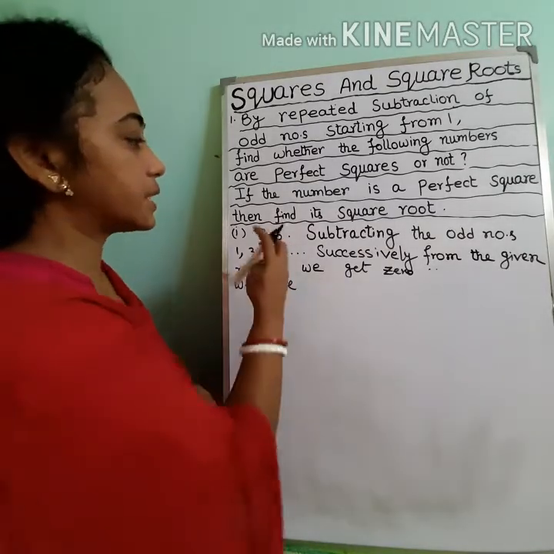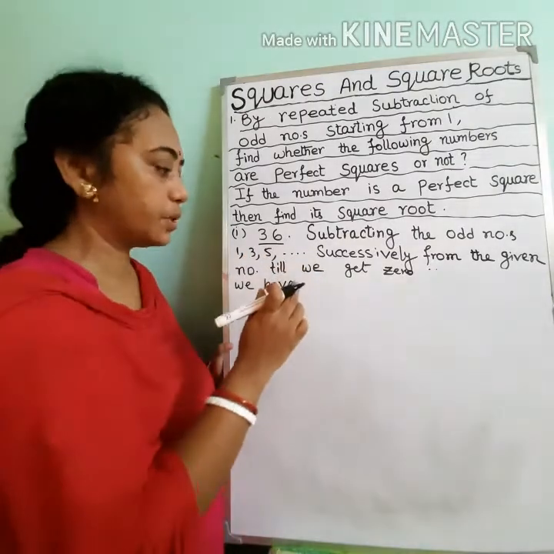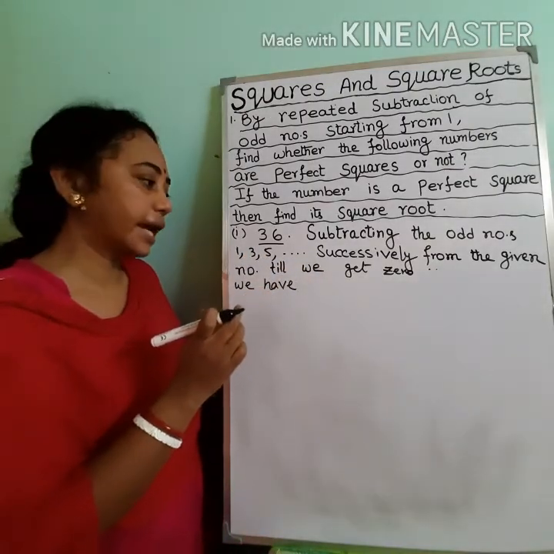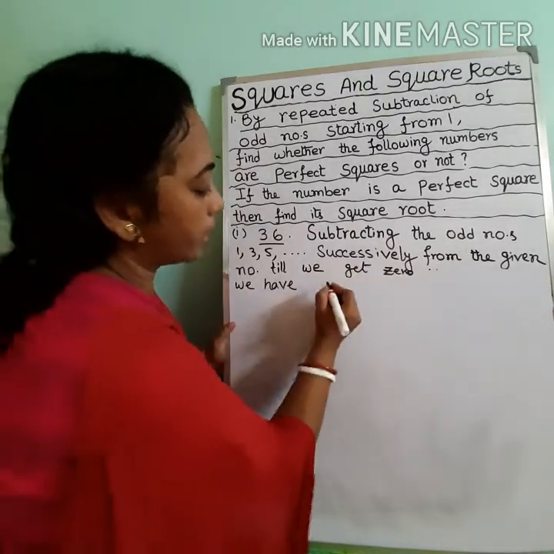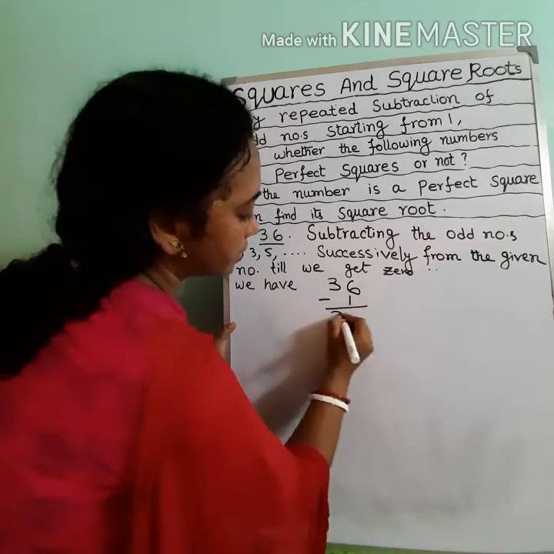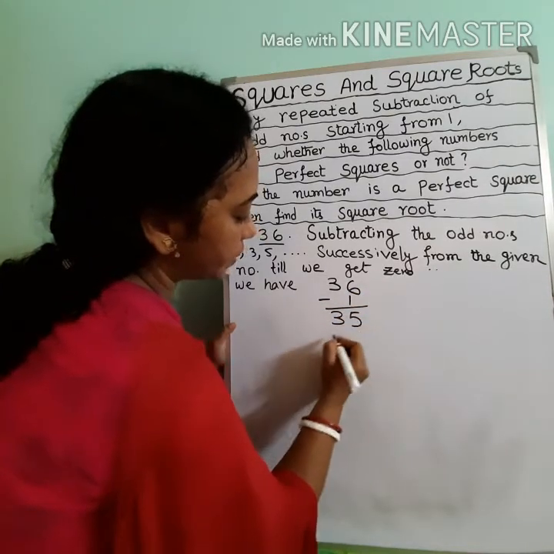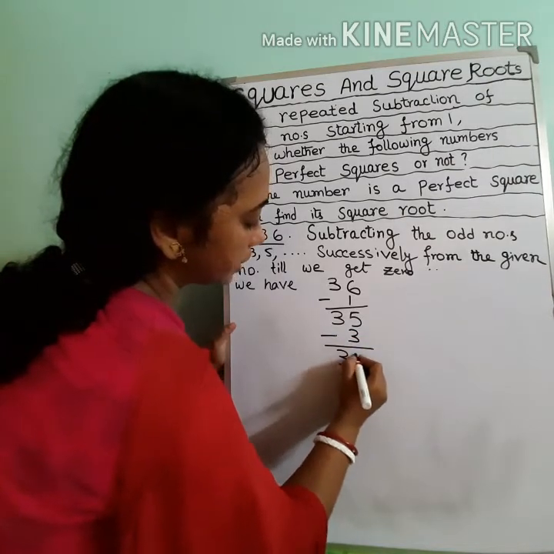Here the given number is 36, so we subtract the odd numbers 1, 3, 5 and so on successively from the given number till we get 0. We start our subtractions from 1. The number is 36, we subtract 1, we get 35. Then we subtract 3, the next odd number, we get 32.